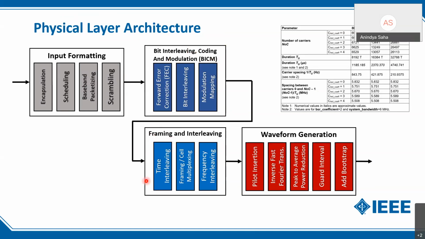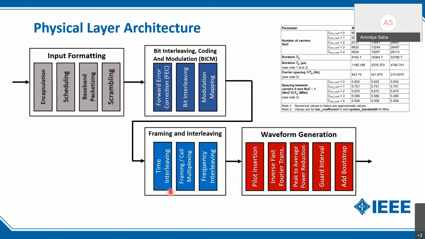Now you can see three components here. The first component is time interleaving. One of the important things we need to realize in the broadcast world is that the frame durations are long. The minimum frame duration in ATSC 3.0 is 50 milliseconds, and then you can increment every 5 milliseconds.